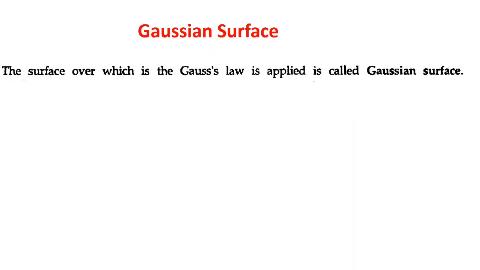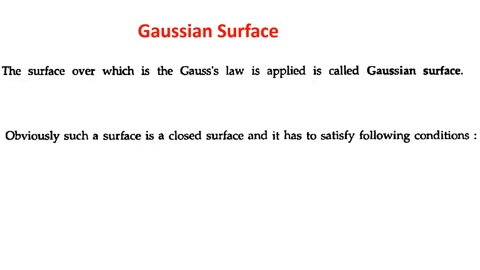Okay, remember this. Next, we'll go about the Gaussian surface. Why this Gaussian surface? As I told before, Gauss law is applied only on a Gaussian surface. Then what is a Gaussian surface? The surface over which the Gauss law is applied. Obviously, such a surface is a closed surface which should satisfy some conditions.